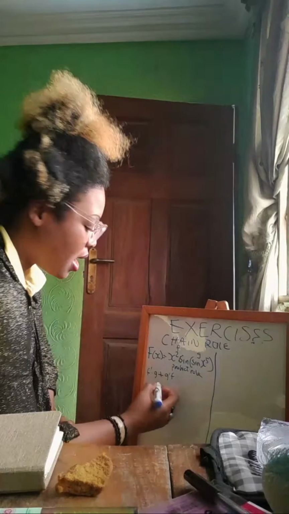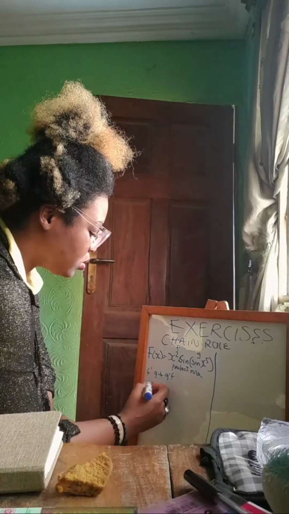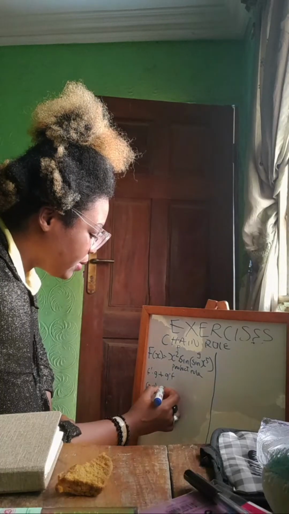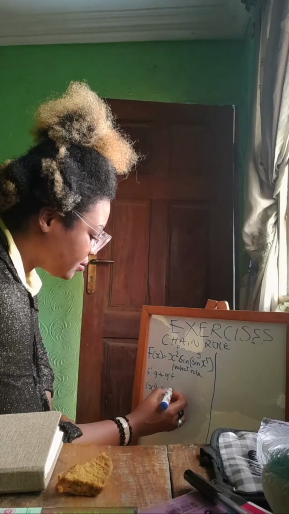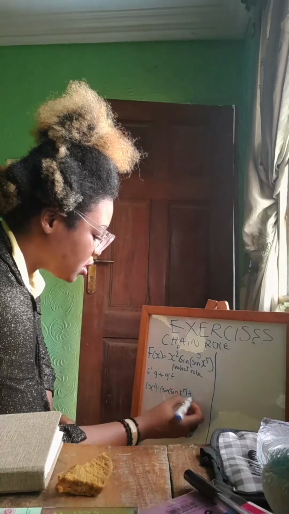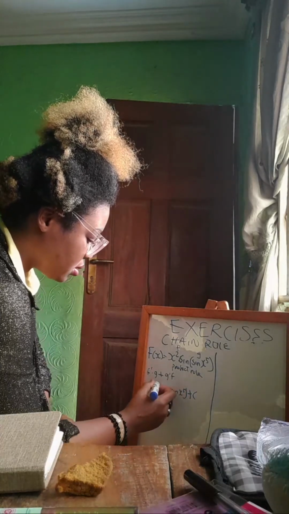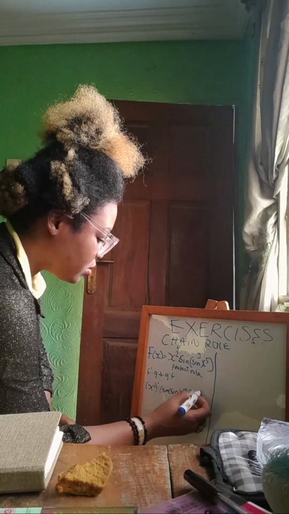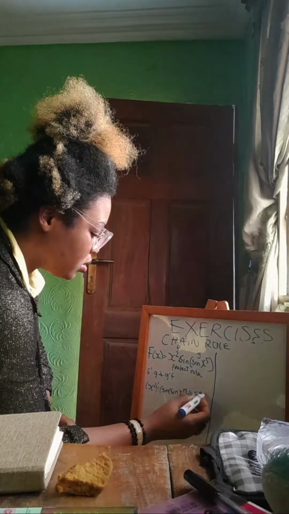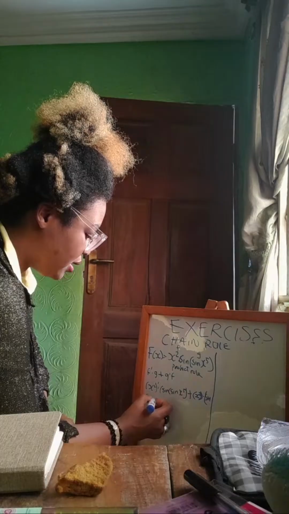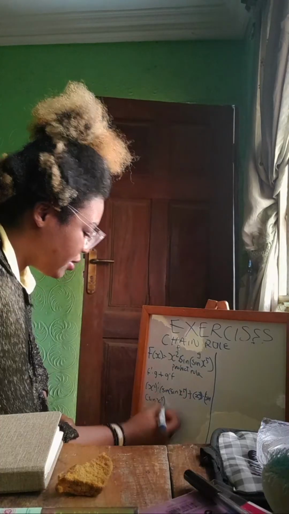In this case it means you do x square all prime into sine of sine x raised to power 5, plus x square into sine of sine x raised to power 5 primed.